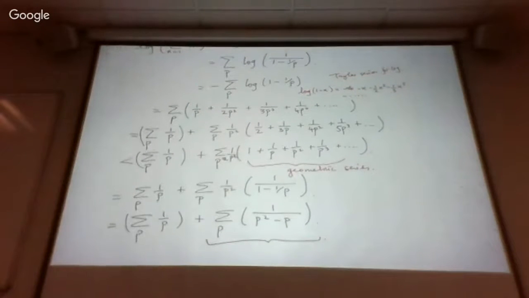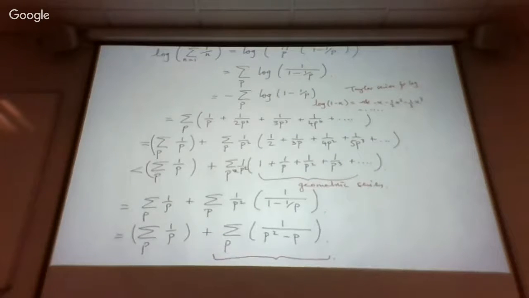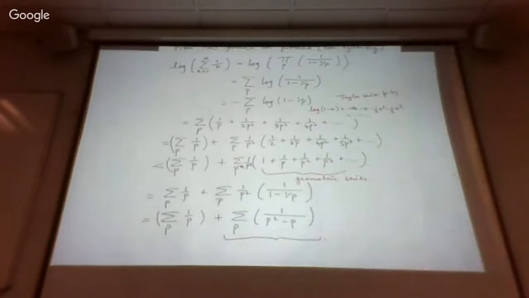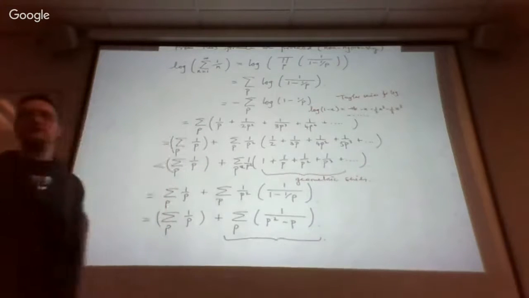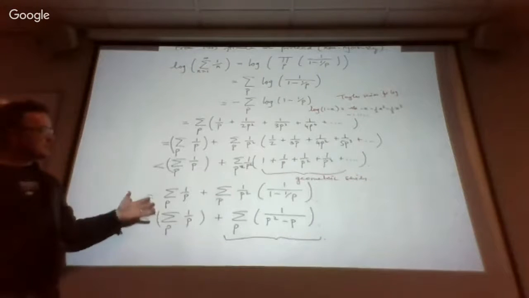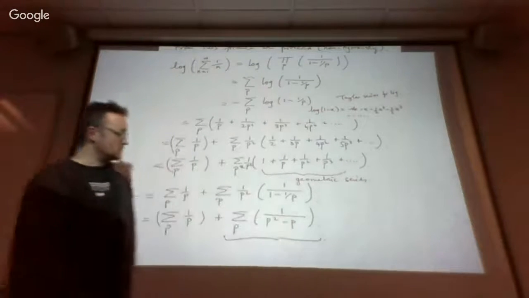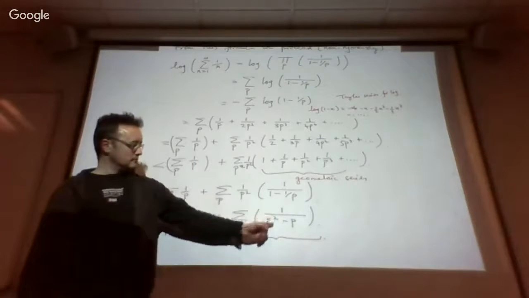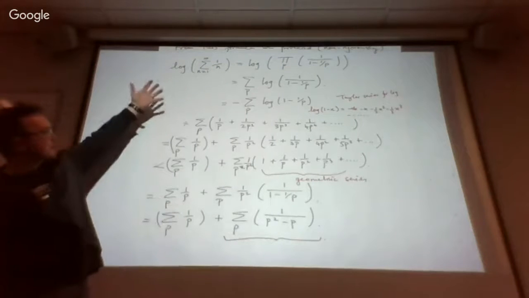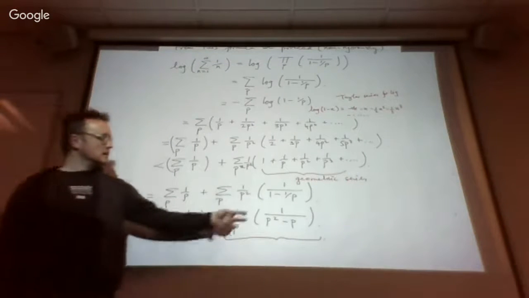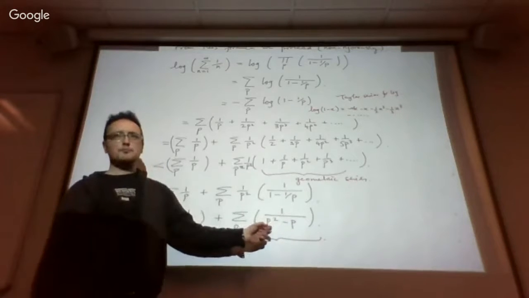So what have we got at the moment? We've got that the logarithm of the harmonic series, which, you know, strictly speaking, we shouldn't talk about. But if we allow ourselves to talk about the logarithm of the harmonic series, it seems to be equal to the sum of the prime harmonic series plus this infinite sum. Now this one, you think about comparing to 1 over n. This prime series you think about comparing to 1 over n squared.